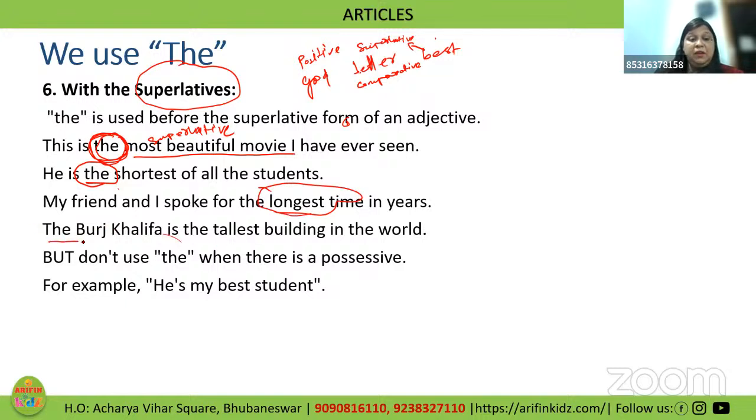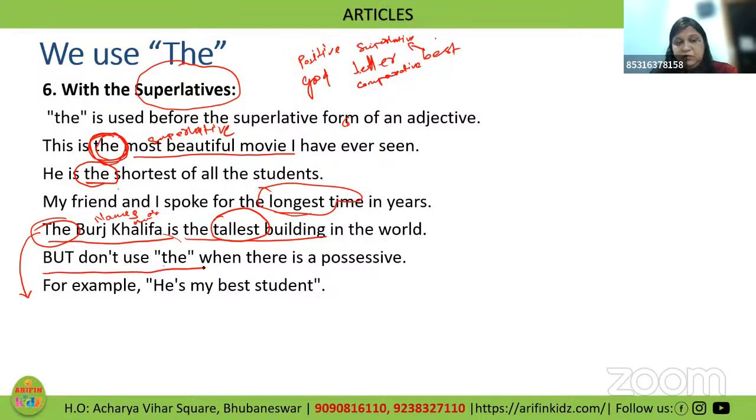Somebody was telling me a little earlier that names of monuments take the. That's why it is the Burj Khalifa. And it is the tallest building, right? But an exception: we don't use the when there is a possessive.